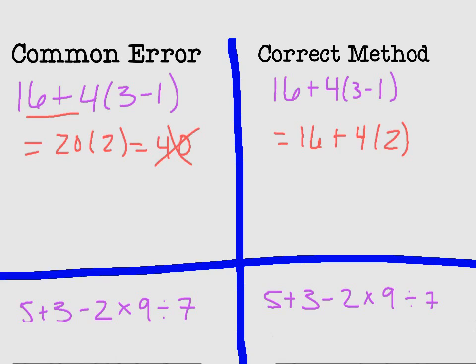What's on the top? But why did I write one? Got it? Okay. So now, what's the next step? 4 times 2, which is 8. Okay?